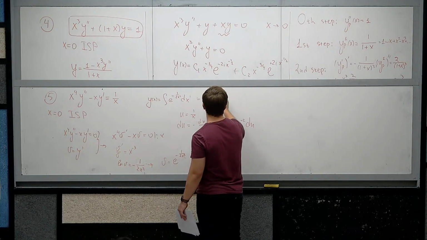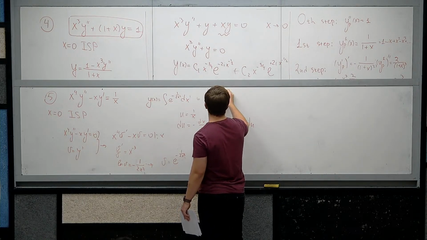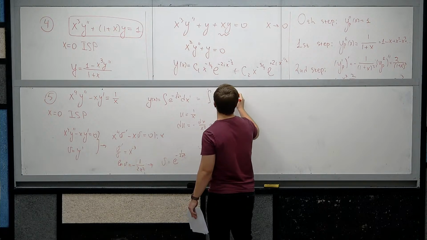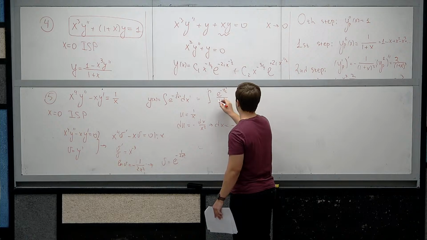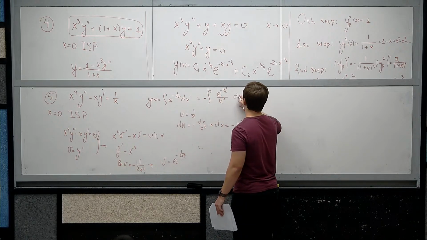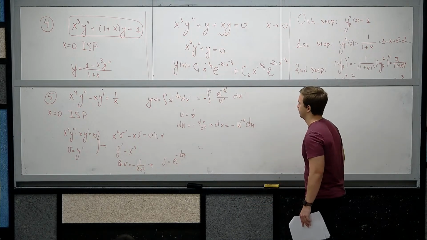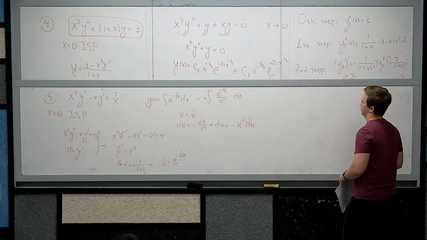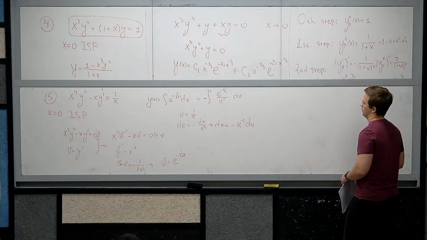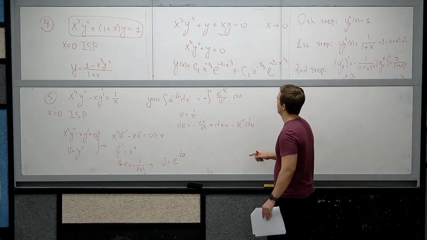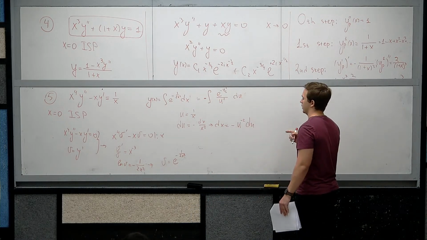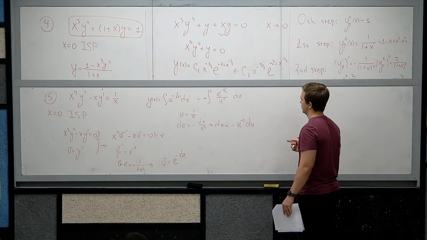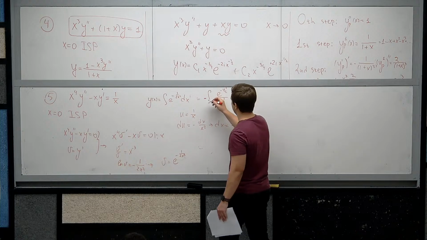Then the integral is e to the minus u squared over 2 divided by u squared, with a minus du. So then we can integrate by parts.